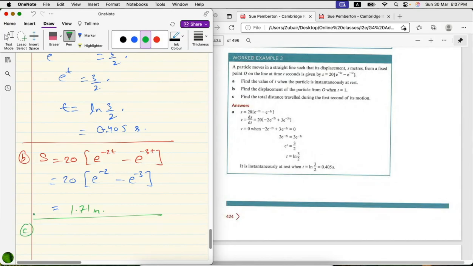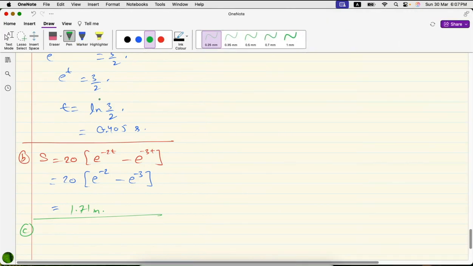C part says find the total distance traveled during the first second of motion. Now understand that if the particle started from O and instantaneous speed was 0 at 0.405 seconds, that means the particle is changing direction at 0.405 seconds, not after that, not before that.